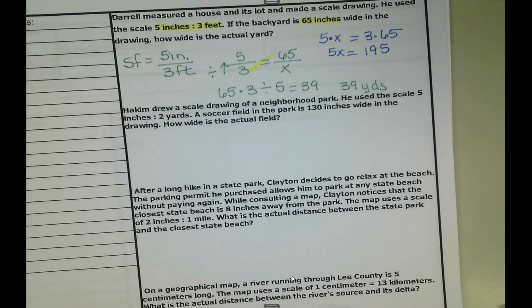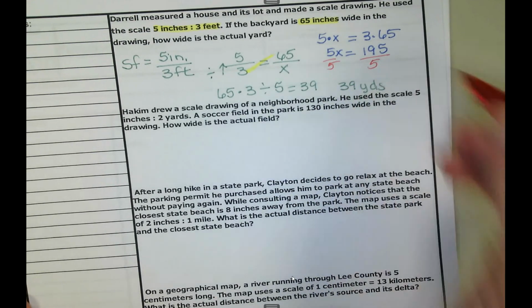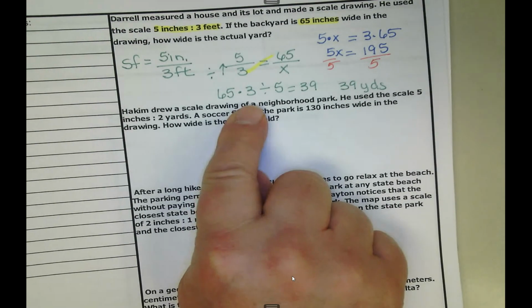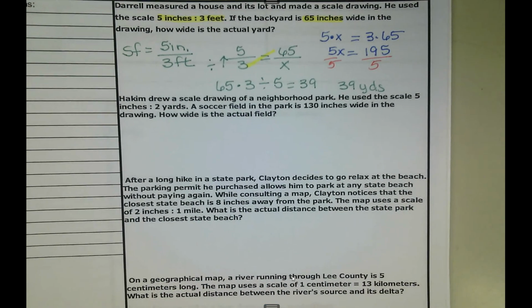Then you divide by 5 and you get 39. Either way you do it, you're going to get the same answer. This way is just a lot quicker, especially if you're taking a time test.